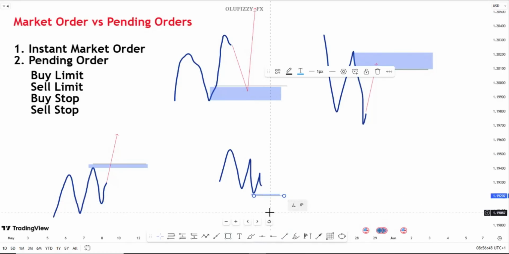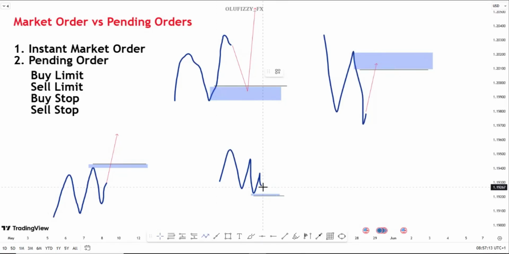You set it below the current market price because you are expecting price to continue to the downside. So in our case, it's below this current market price in a downtrend, which means you are expecting price to continue to the downside. And once price comes here, your trade is going to execute.